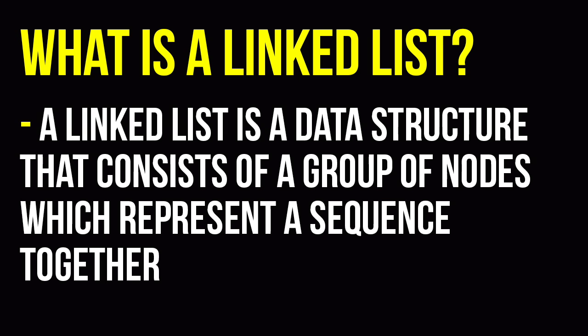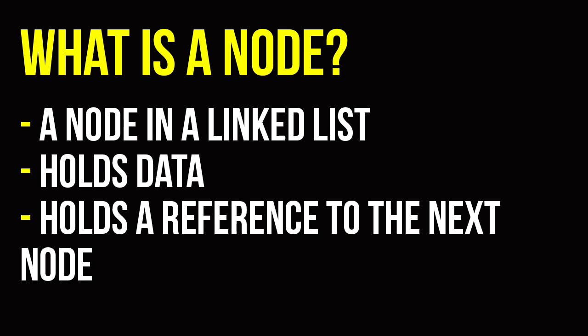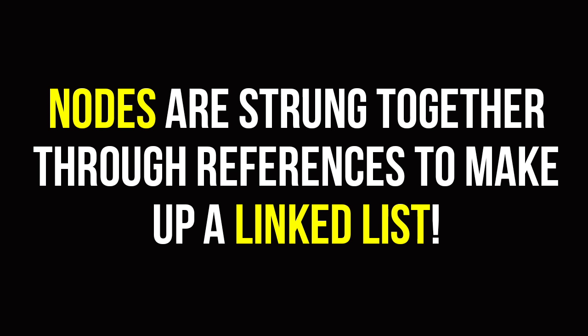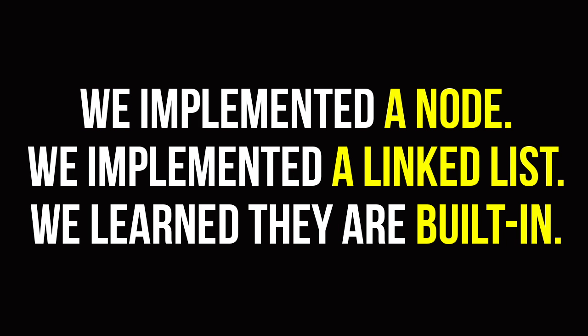So that's it for this video. Today we talked about linked lists. We learned what they are, and they're basically this data structure, this container that holds data, and each thing of data is a node, and each node holds a reference and then the data, and then all of the nodes that are strung together, that is what makes up the linked list. We actually made a node in a node class, and then we made a linked list, actually implementing a data structure, which is crazy awesome.